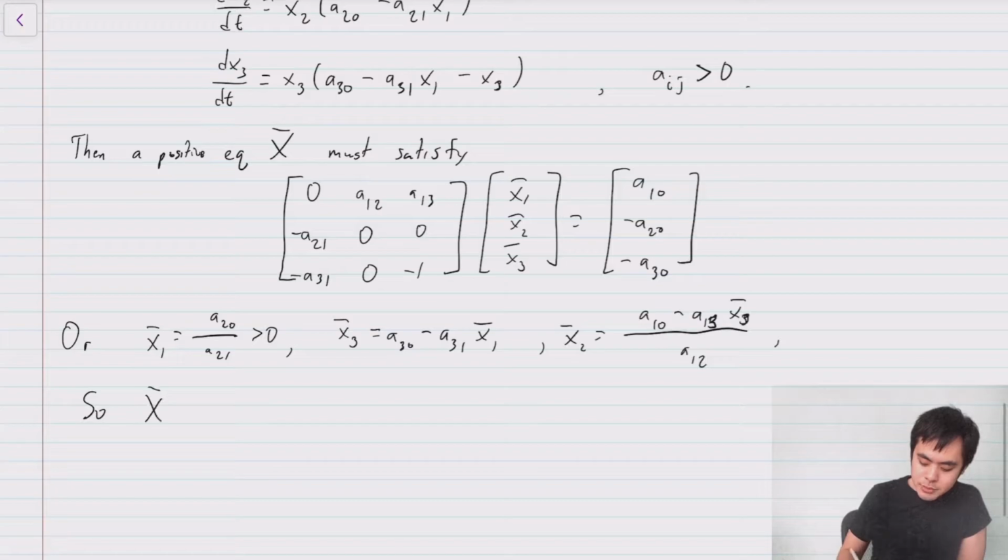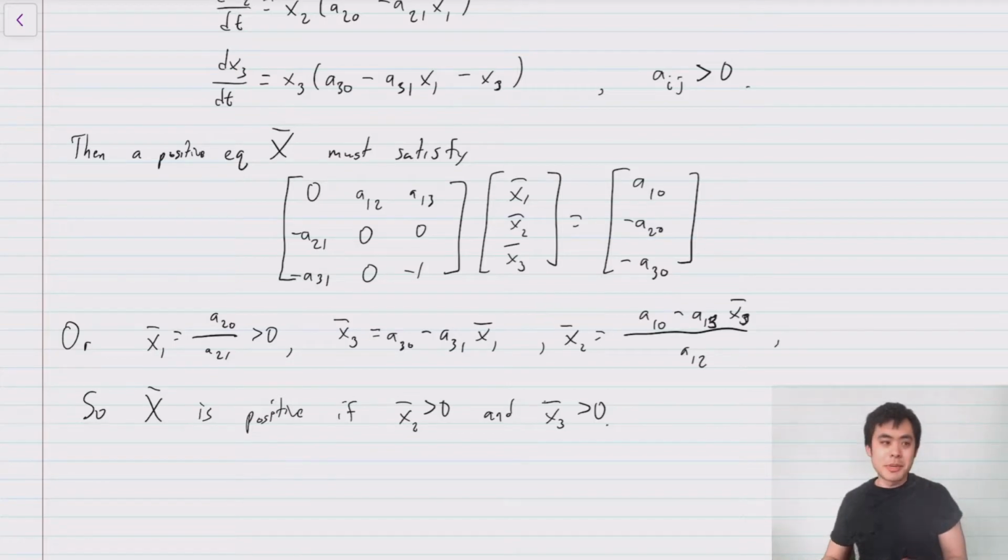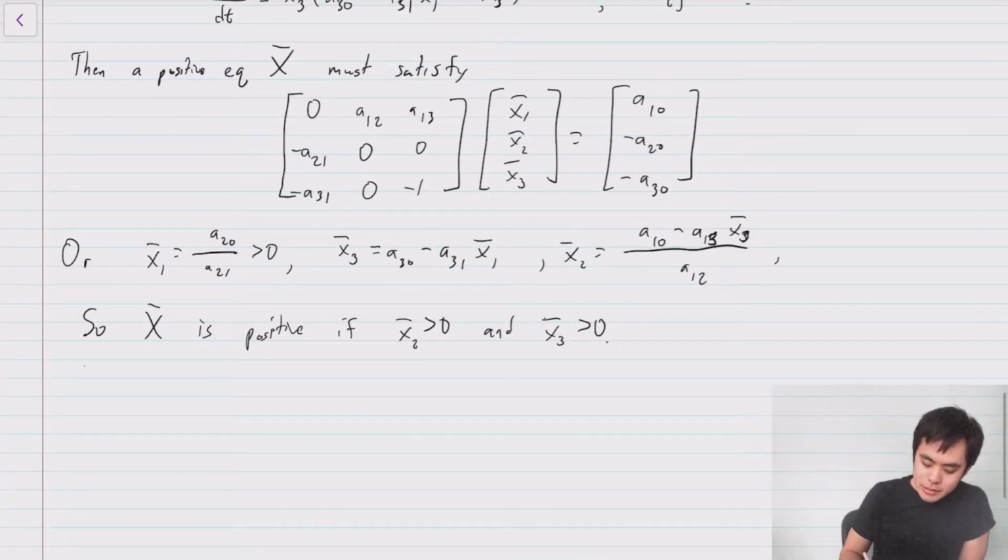So therefore, x bar is positive if we know that x2 bar is greater than 0 and x3 bar is greater than 0, since x1 bar is always positive. Okay, so now let's assume that that's true. Assume x bar is greater than 0.